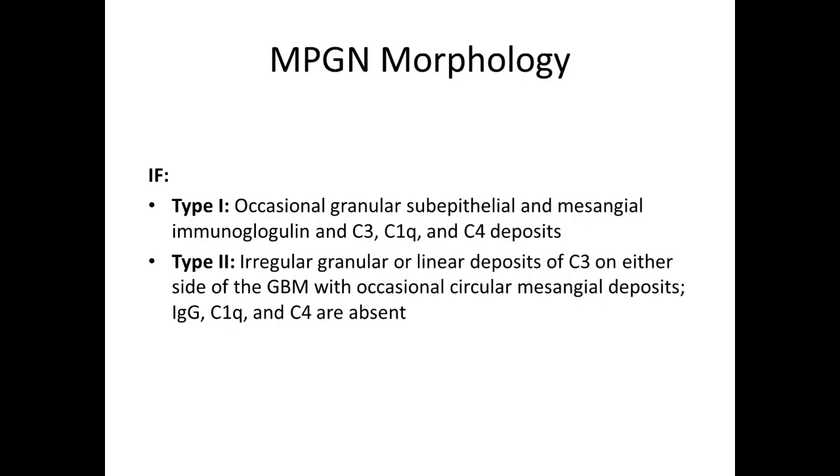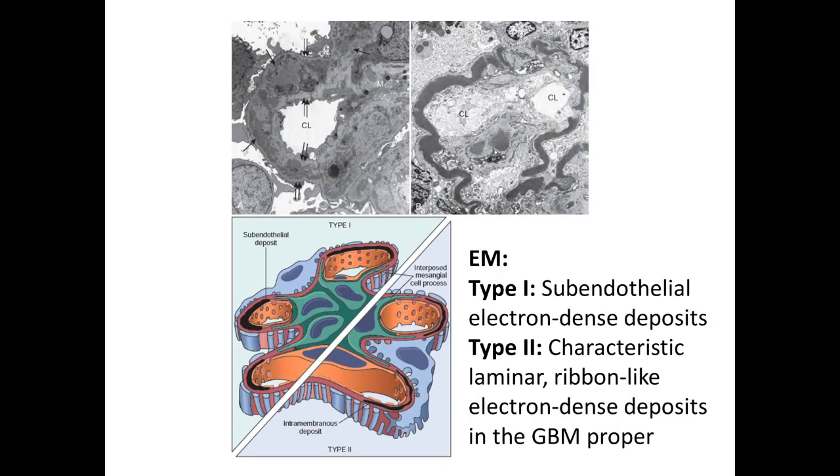Type 2 gives us irregular, granular, or linear deposits of C3 on either side of the basement membrane, with circular mesangial deposits. Immunoglobulin G, C4, and C1q are absent here.